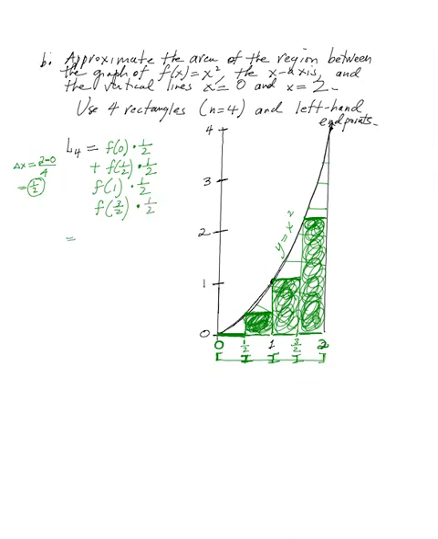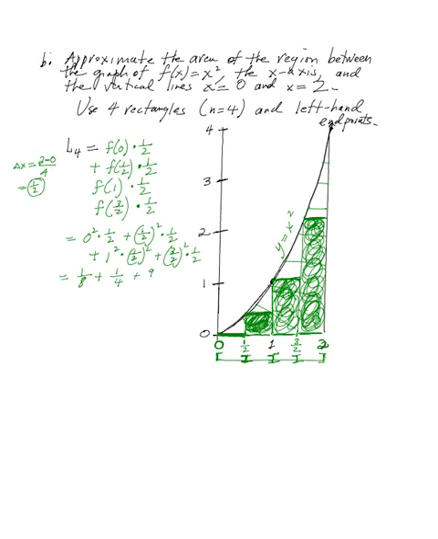Let's compute this. f of x is x squared. So let's see what number we get there. I get 1/8 plus 1/4 plus 9/4 times 1/2.